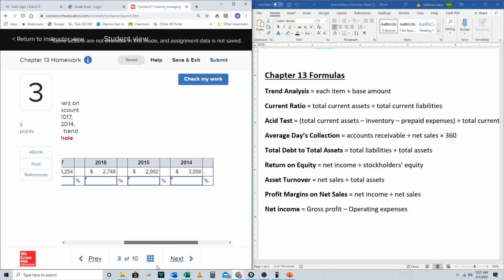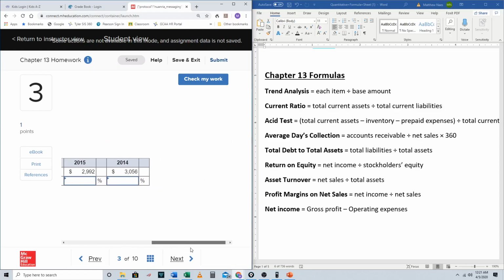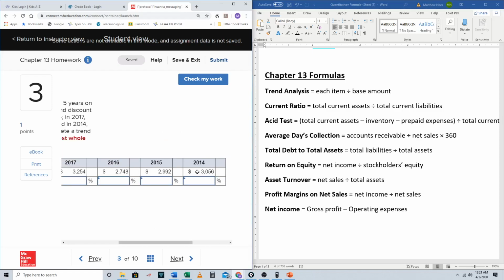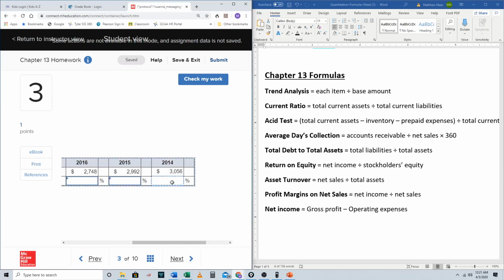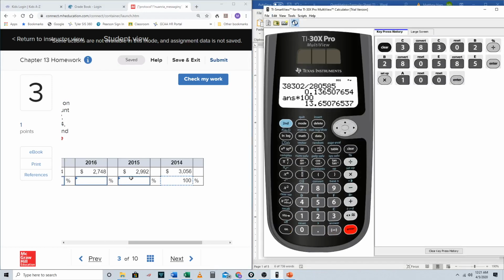What you're going to do is take every number here and divide it by 3056. This is your base year. So I'm going to divide all of these by 3056. That means this right here is 100%. Always.